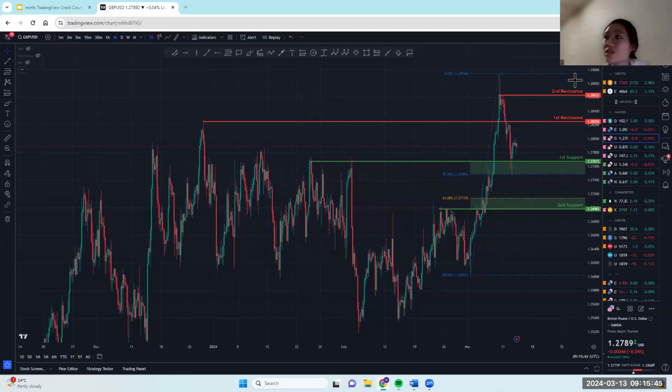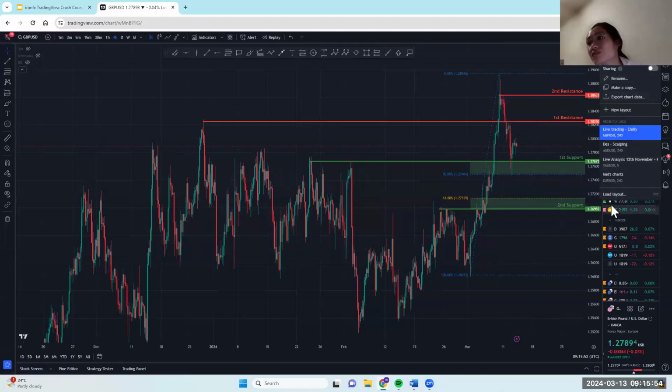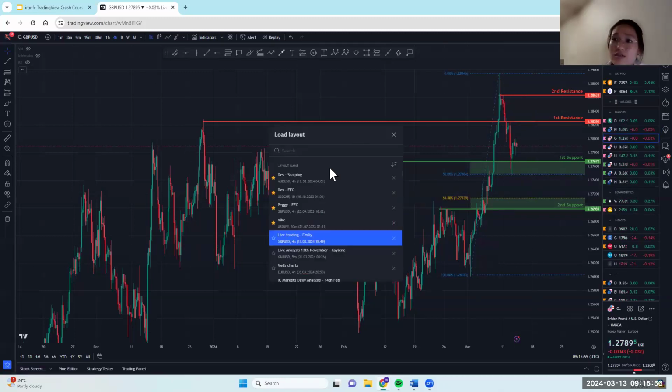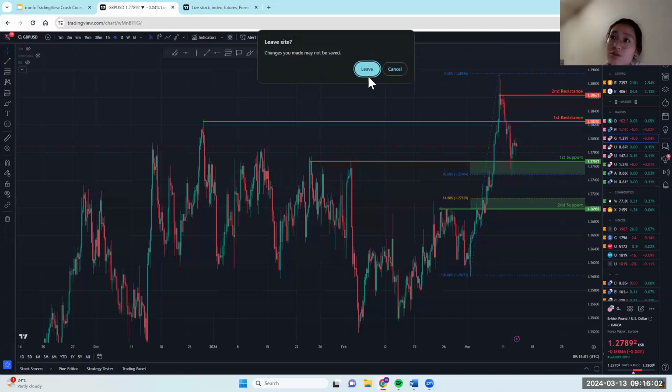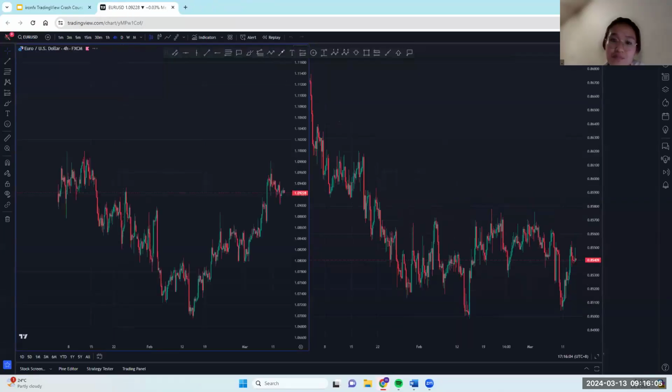Okay, so you can see here from this book, let me just move my camera. I'm going to load a layout for myself. You can see I have one over here, so I'm just going to use this. I'm going to use my own charts.